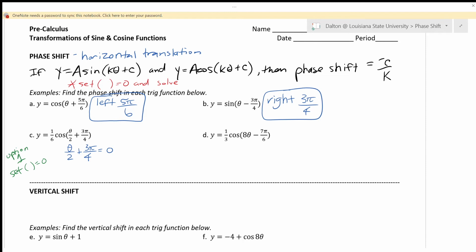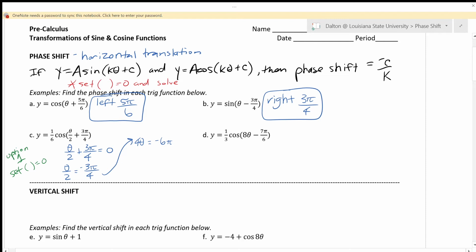If we subtract 3 pi over 4 on both sides, then I've got theta over 2 equals negative 3 pi over 4. Since I have a proportion, I can cross multiply. Theta times 4 is 4 theta, and 2 times negative 3 pi is negative 6 pi.